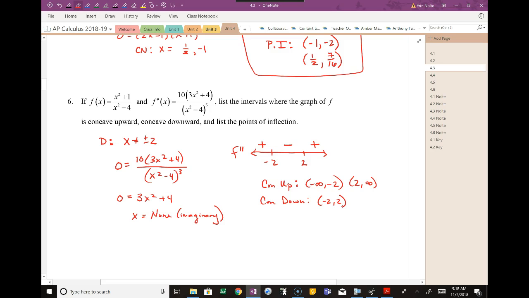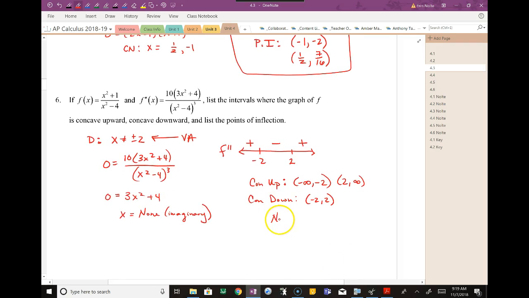Do we have points of inflection at -2 and 2? Yes, because remember what initially was happening? There's a vertical asymptote. So can you find a tangent line at a vertical asymptote? No. Okay, so there are no points of inflection for this.